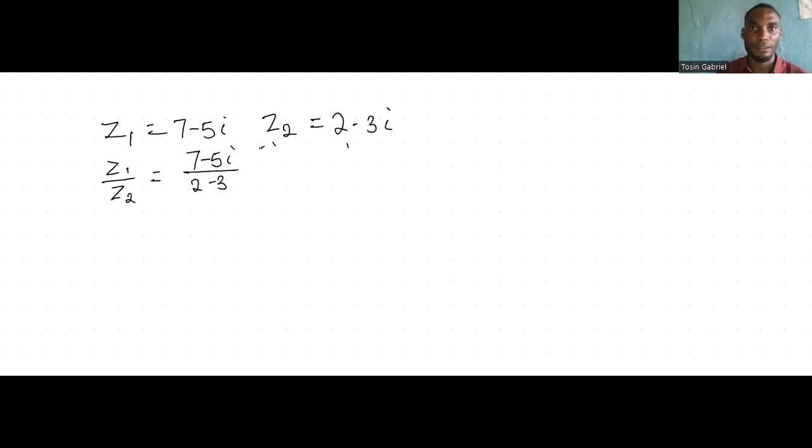When you have something like this, there's something called rationalization. You can also rationalize in complex numbers too. This is how you rationalize. What you simply do is multiply both the numerator and the denominator by the denominator, but you change the sign in between.